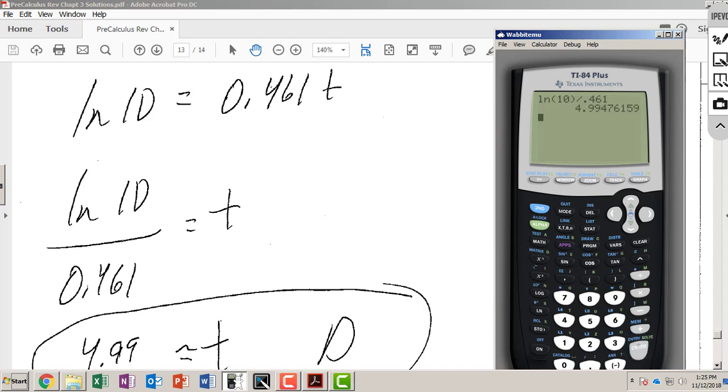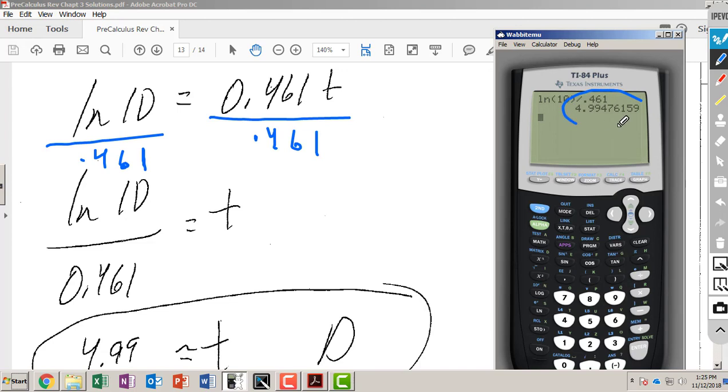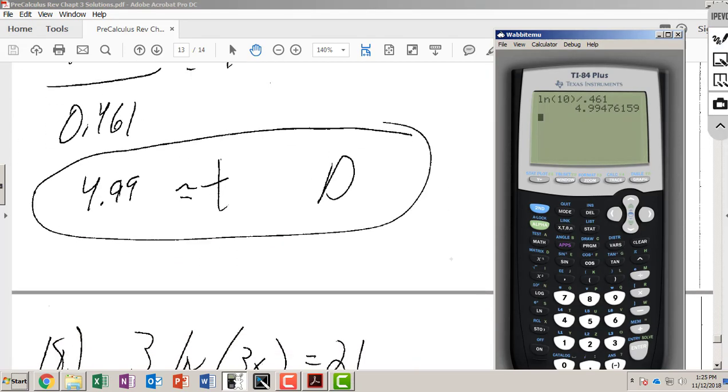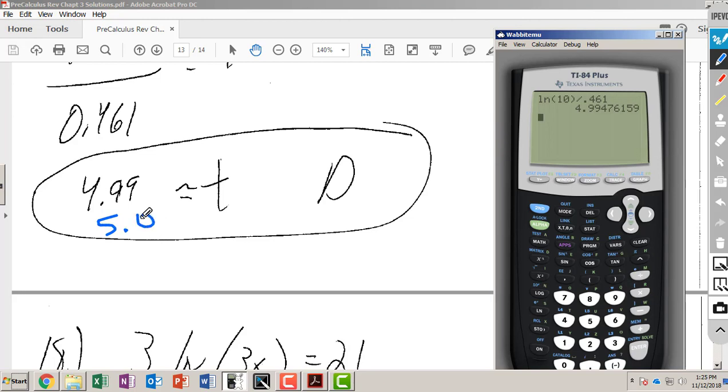And that looks like that's going to come out to be 4.99476. So t is approximately equal to that. And so that looks like that's going to leave me with the answer of D, 4.99 all equals t. So I just round it off to 5 minutes.